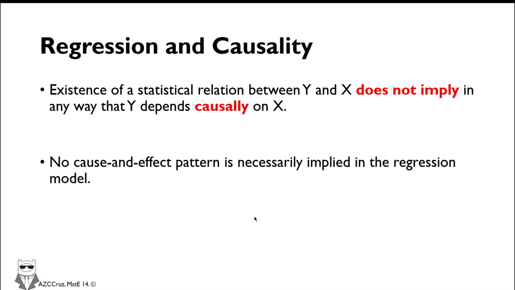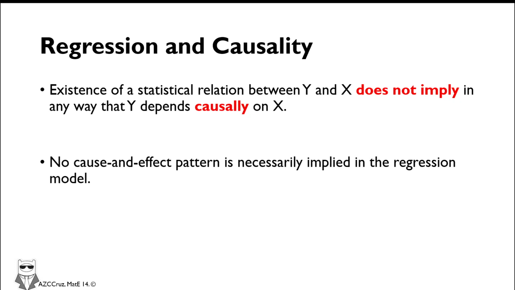But it must be noted na regression must not be confused with causation, no? Because in no way does the existence of a statistical relationship between your y or your dependent and your x or your independent imply na meron silang causal relationship with each other.